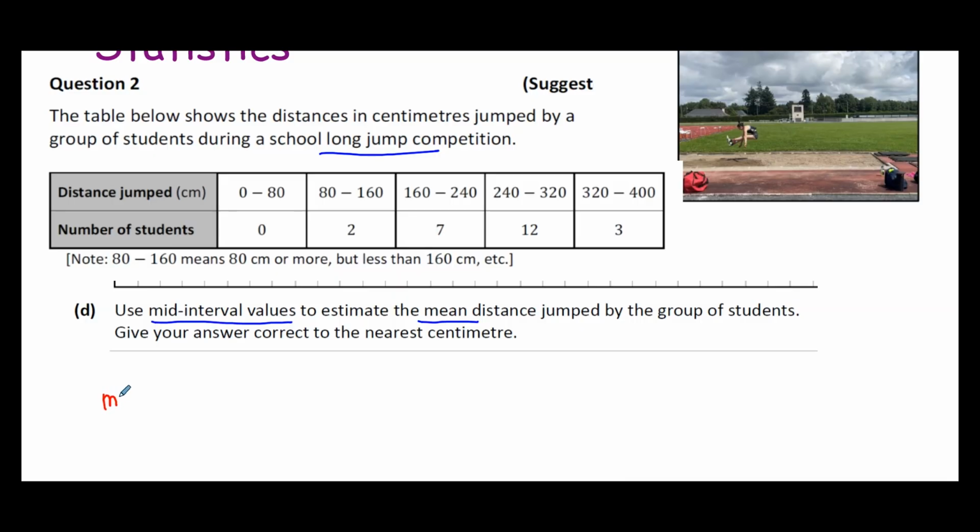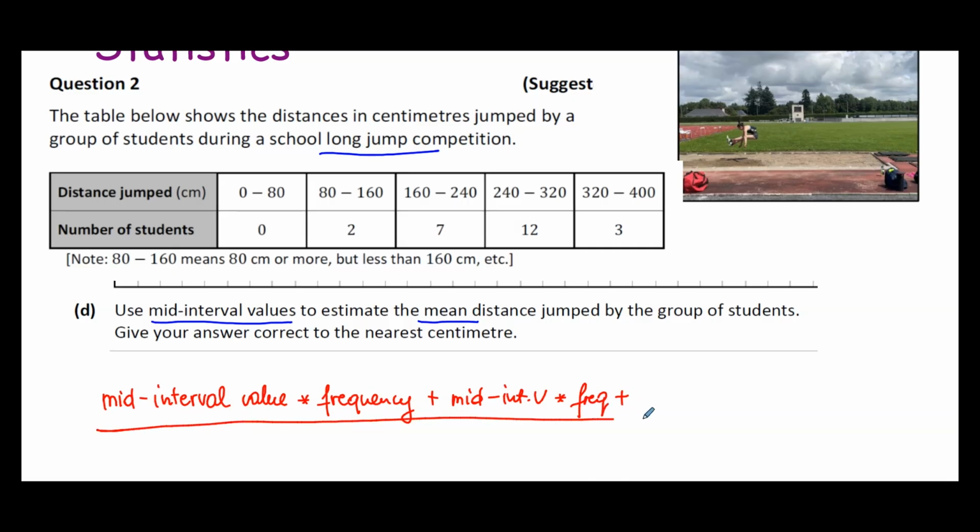We take the mid-interval value, we multiply that by frequency, plus, and again we take another mid-interval value and we multiply that by the next frequency, and plus, and so on till we finish.